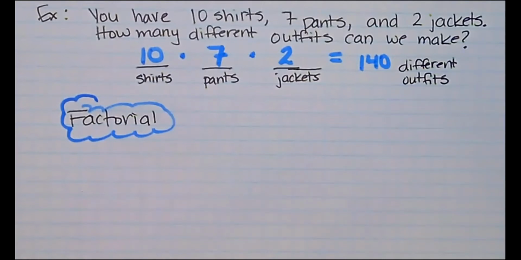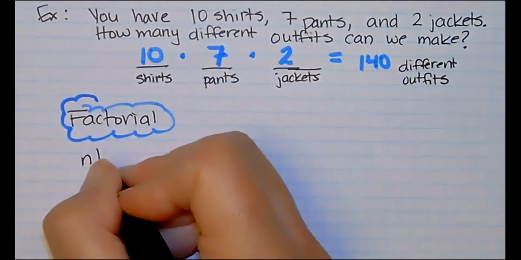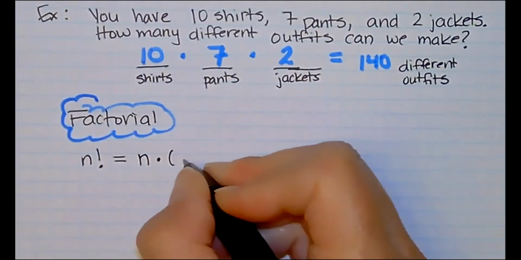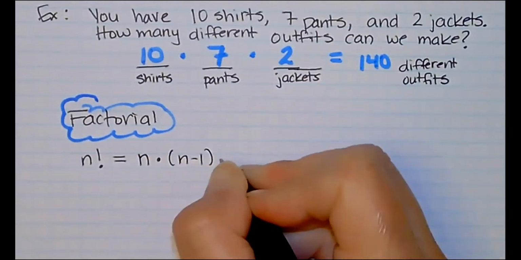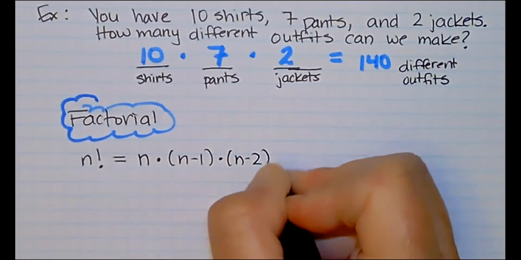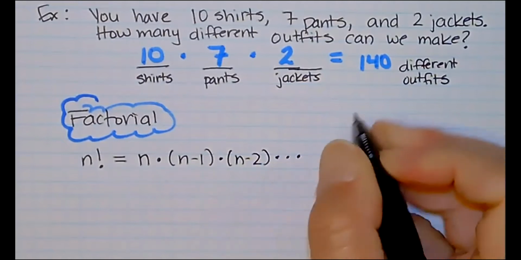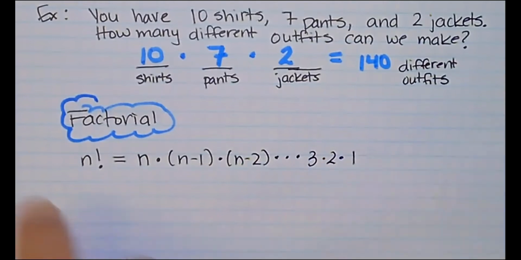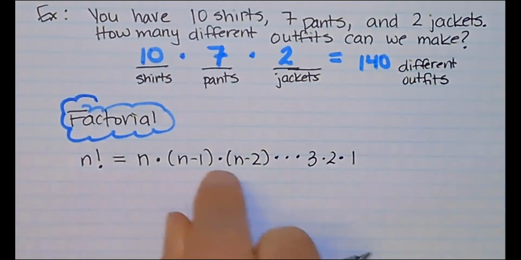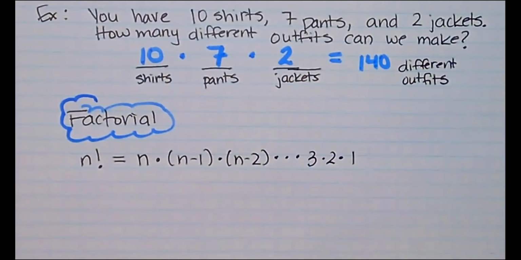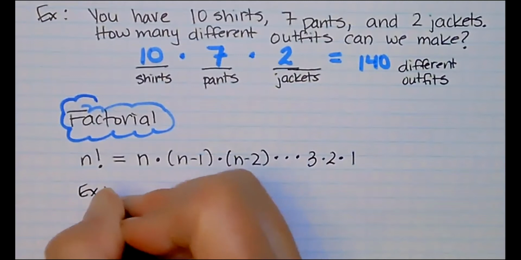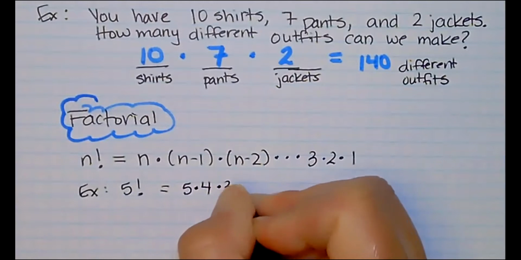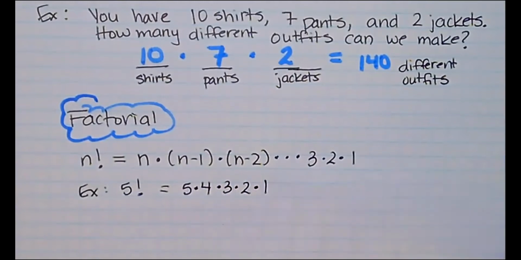N factorial is equal to n times the number in front of that, which is n minus 1, n minus 2, dot, dot, dot, and keep going down until we get down to 3 times 2 times 1. So it's basically from whatever this number is, all the way down to 1 we're multiplying. So, for example, 5 factorial is equal to 5 times 4 times 3 times 2 times 1.